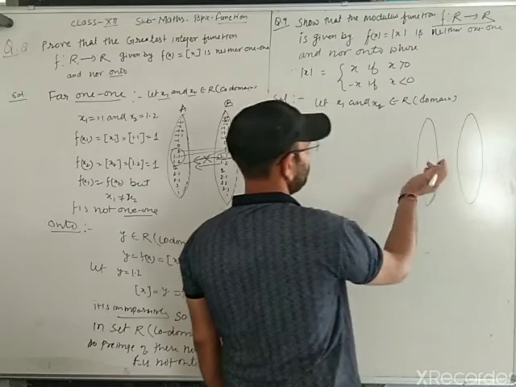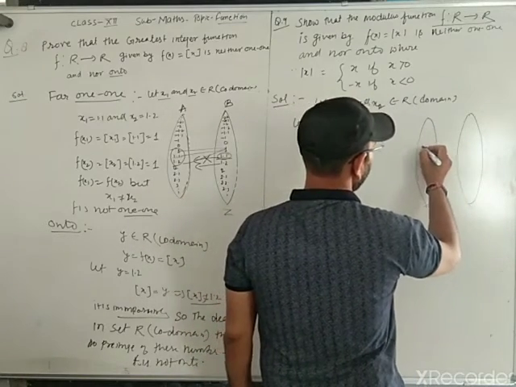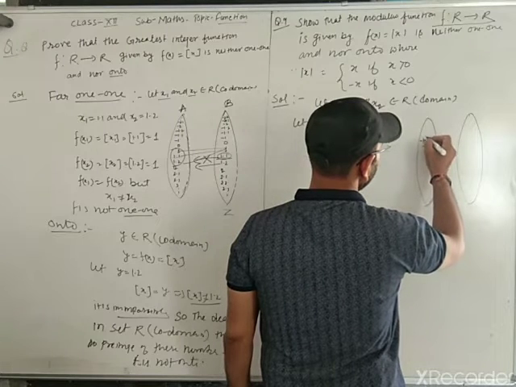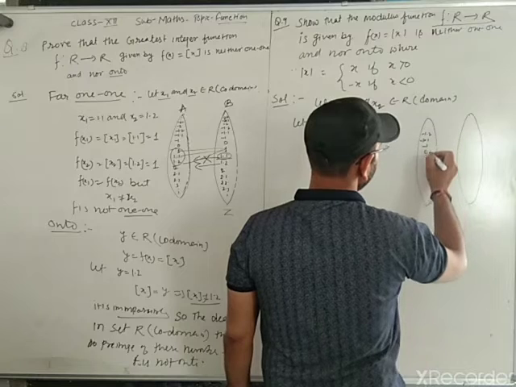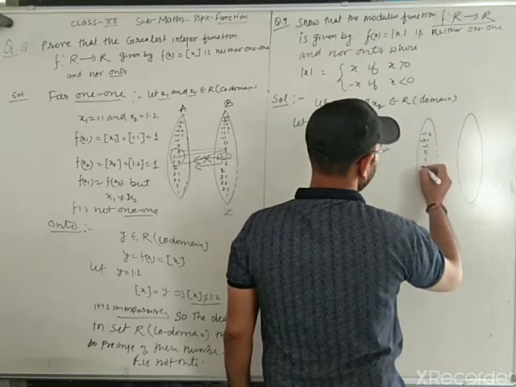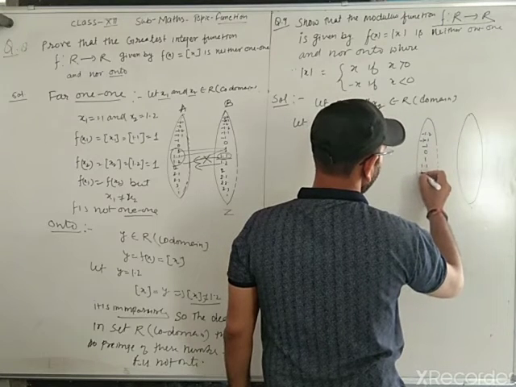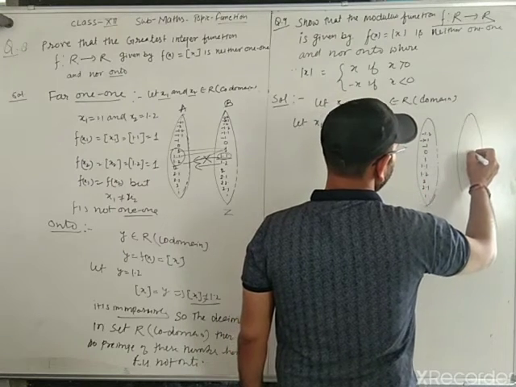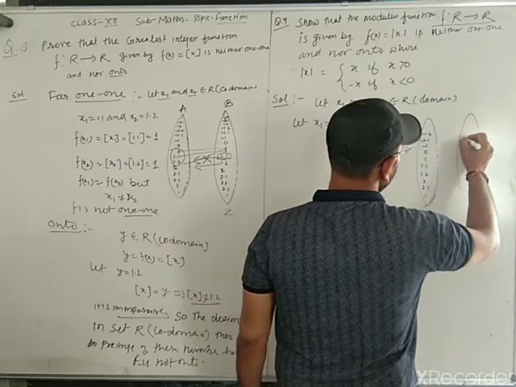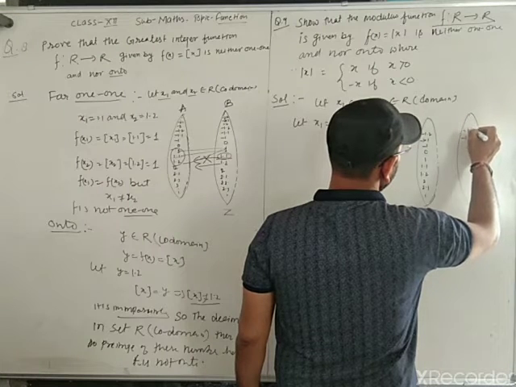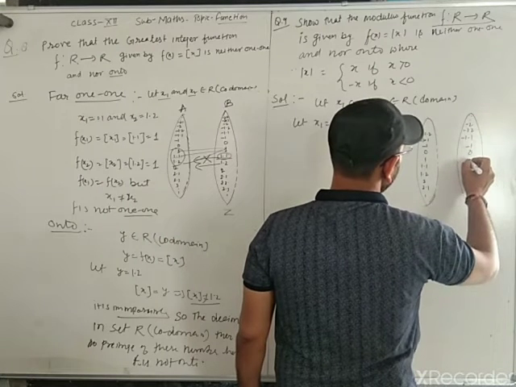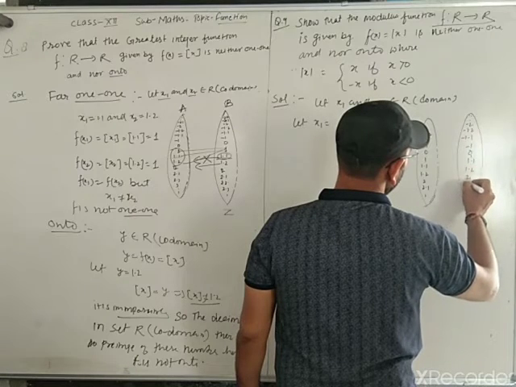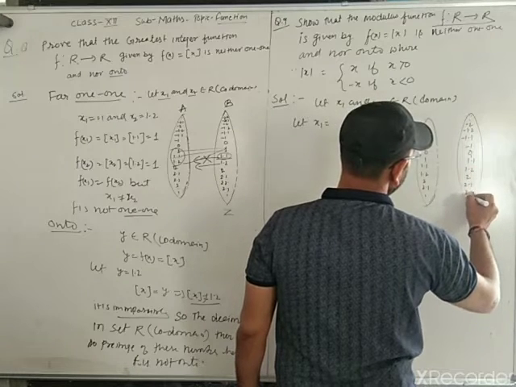We have the real numbers: 0, minus 1, minus 1.1, minus 1.2, minus 2 and so on, and 1, 1.1, 1.2, 2, 2.1, 2.3.